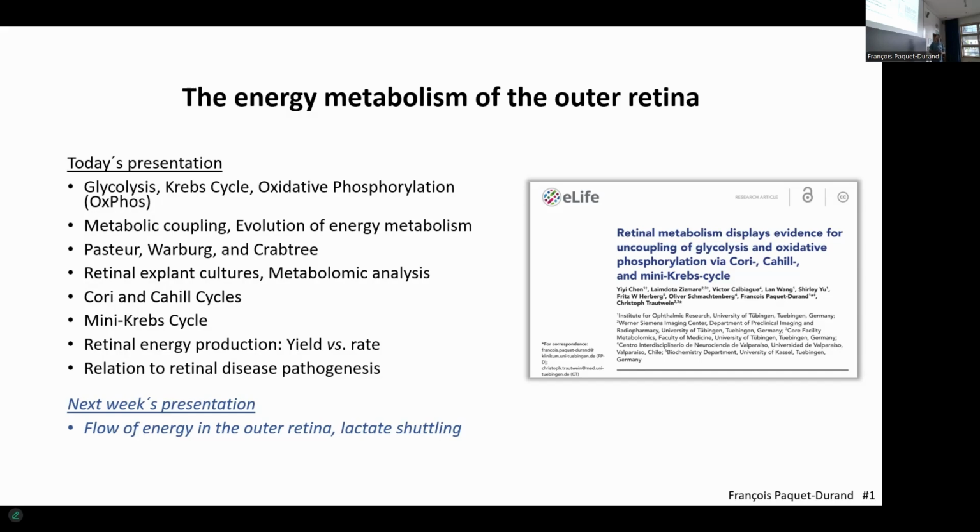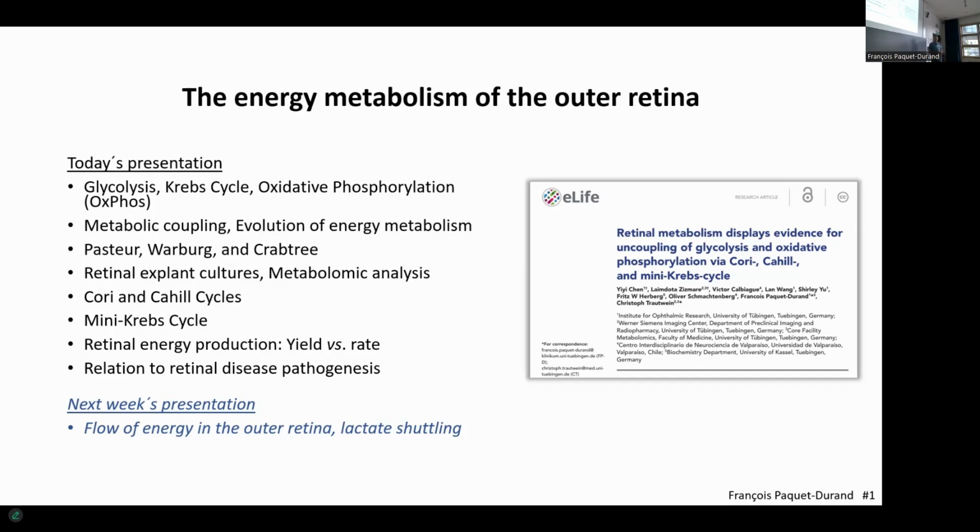Then I will introduce our experimental system, experimental retinal explant cultures, and how we go about working with these and analyzing them. I will talk about different biochemical cycles, the Cori cycle, Cahill cycle, Krebs cycle, and mini-Krebs cycle. And in the end, I will talk a little bit about how the energy production relates to diseases of the retina.